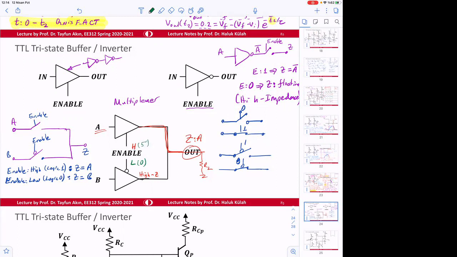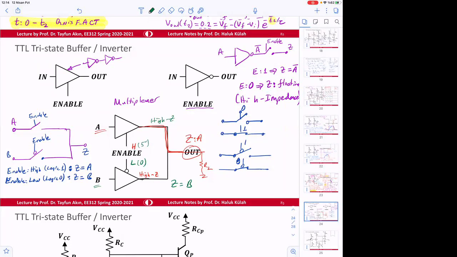Then Z will be equal to B, and this will be high impedance. I mean, the output will be determined by the B input. So this is a very useful device.